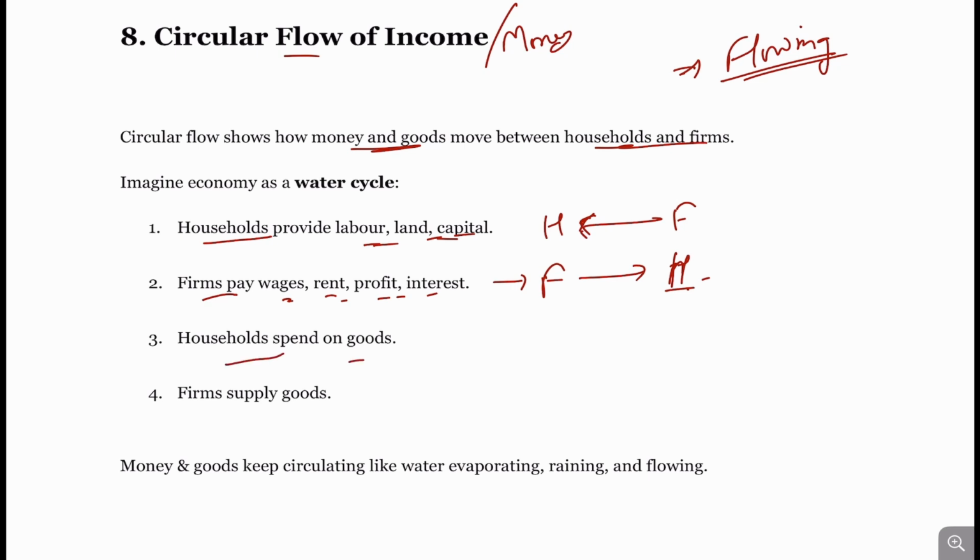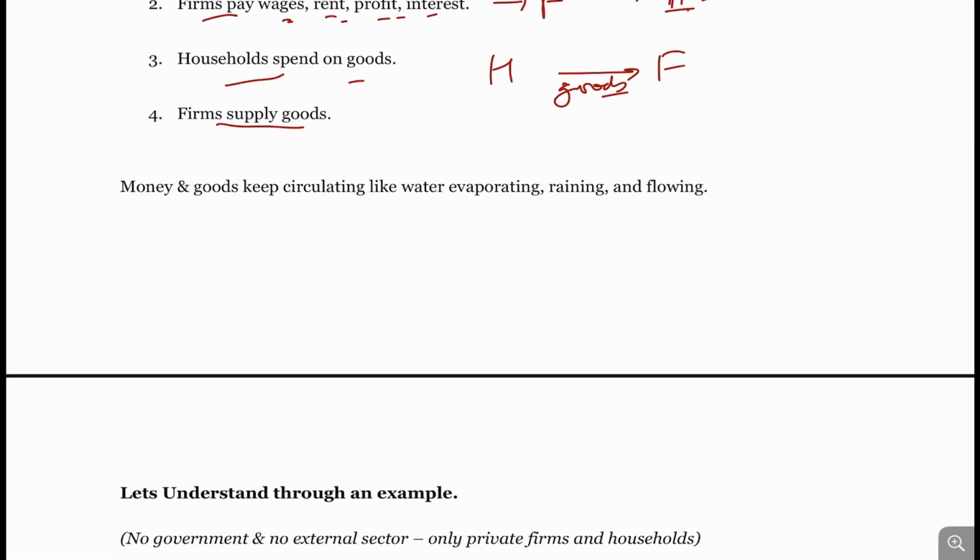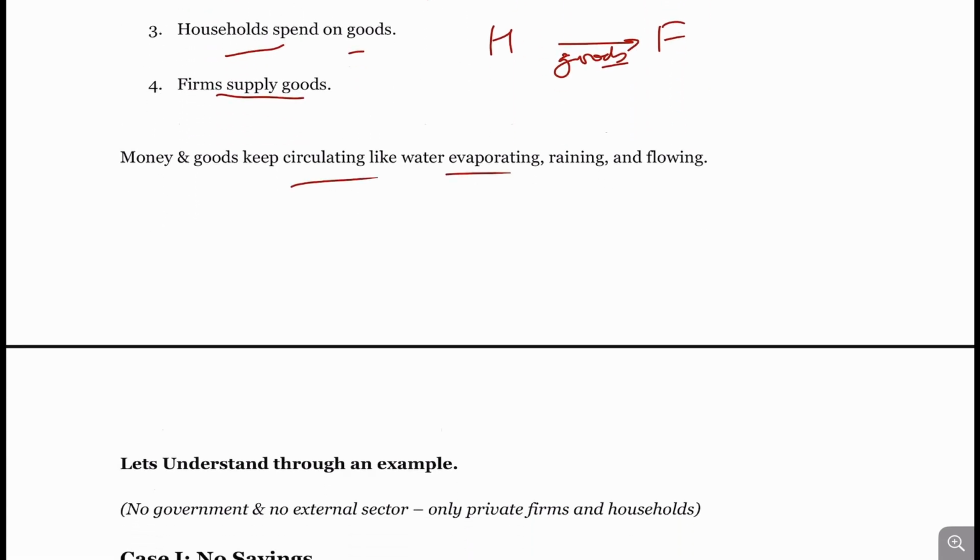Households then will spend on goods. Households will buy the goods, then they will pay the firms for the goods. And firms supply goods. So everything keeps on moving. Goods and money keep on moving from one sector to another, household to firms, etc. So money and goods keep circulating like water vapors.